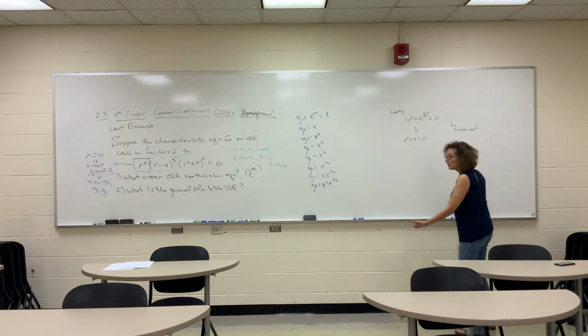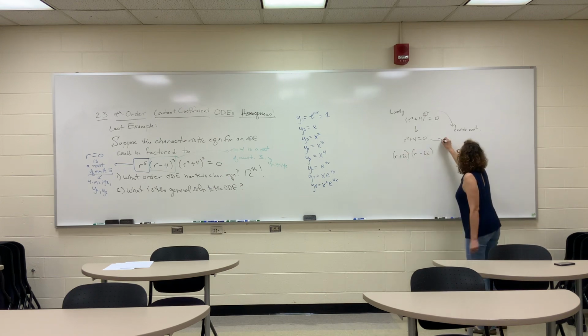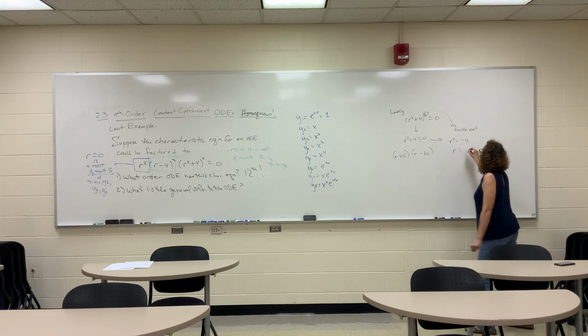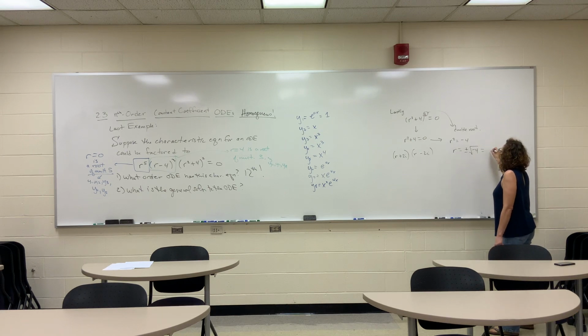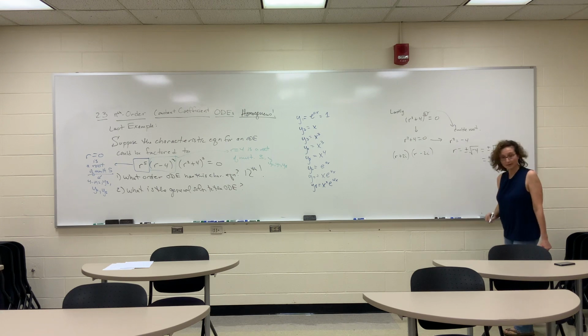You've got 2 things you could do, right? Okay, that either factors to r plus 2i, r minus 2i, or you can think of it as r squared is negative 4, so r is plus or minus the square root of negative 4, which is plus or minus the square root of 4 times the square root of negative 1, which is plus or minus 2i, right?